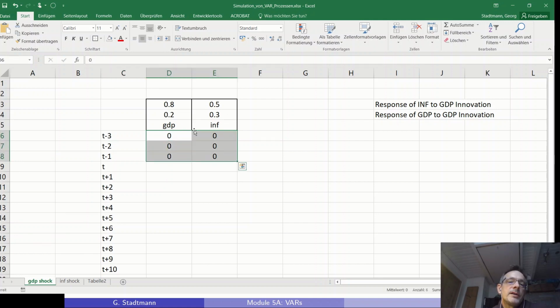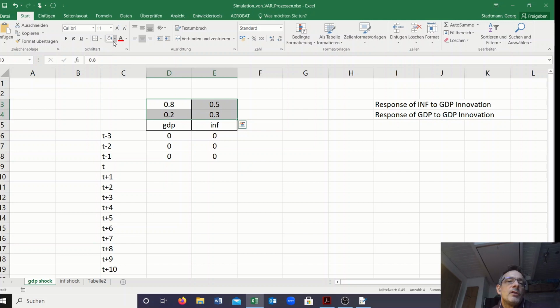In this part of the Excel file, we have the beginning of the time series, so GDP and inflation are in an equilibrium, so the values are equal to 0. In the upper part, you can see the coefficients which stem from the numerical example.